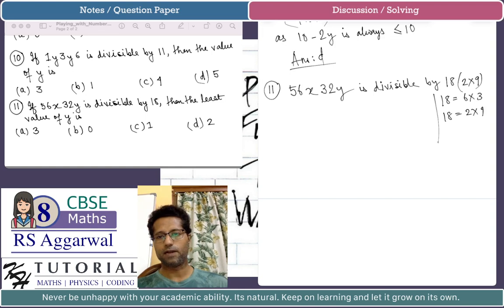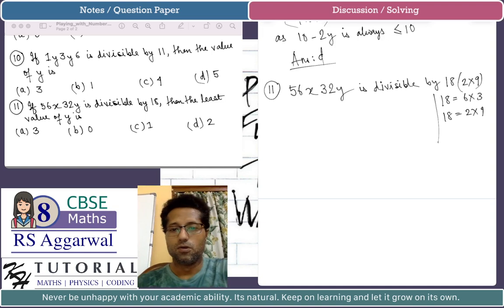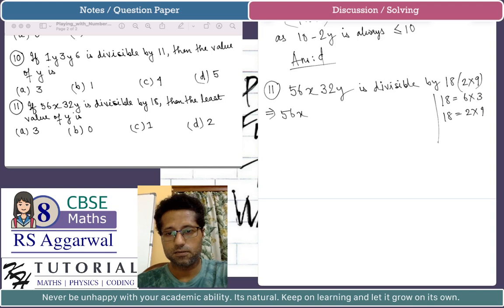So always factor the number that the given number is divisible by in the problem into factors that will not have a common factor. So in this case, we will factorize 18 as 2 into 9. So this will imply that the number 5, 6, x, 3, 2, y is divisible by both 2 and 9.